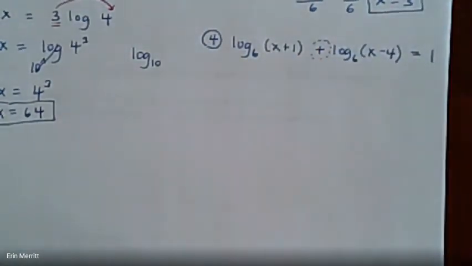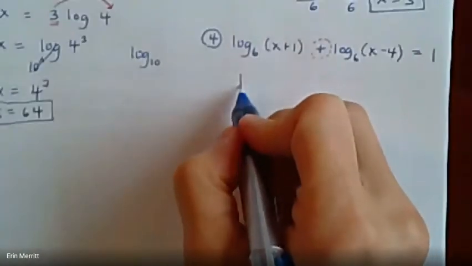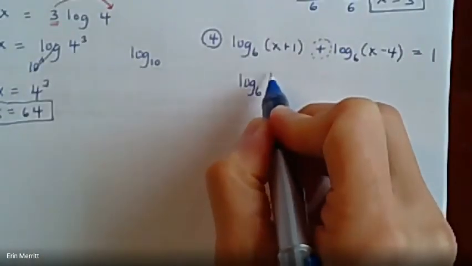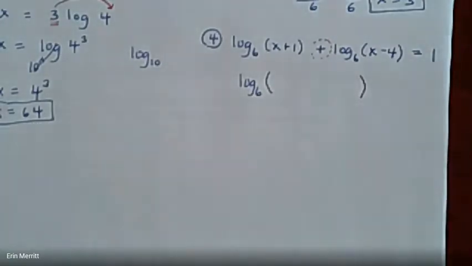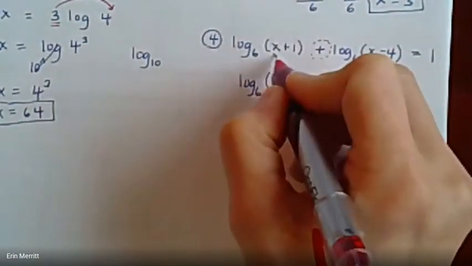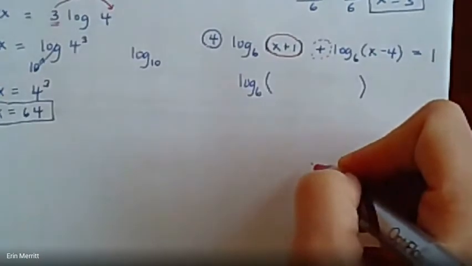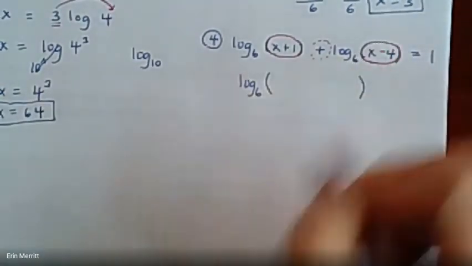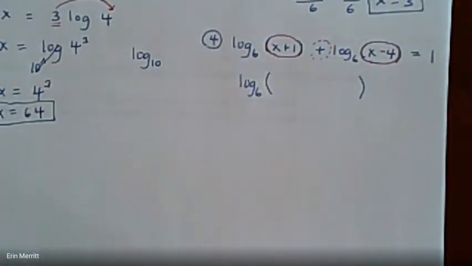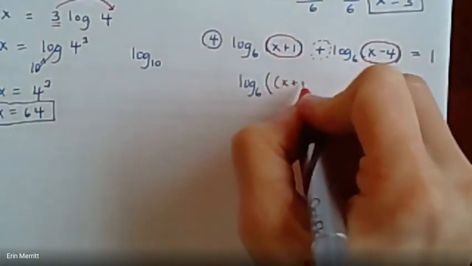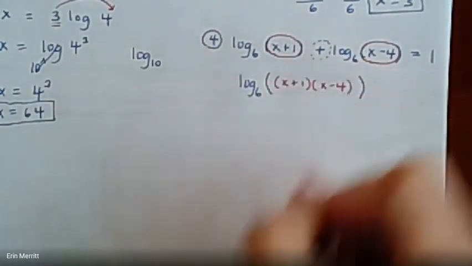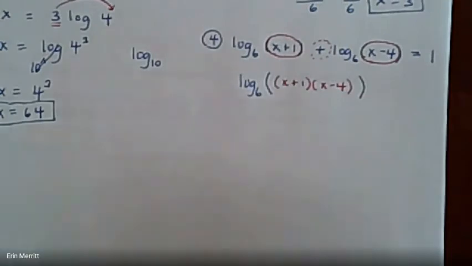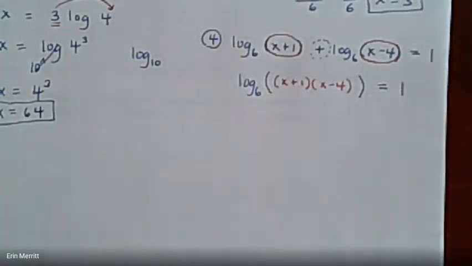So if my first goal is to get a single log, then on the left-hand side, I can make this log base 6, and inside, I'm going to multiply together the x plus 1 and the x minus 4. On the right-hand side, if it doesn't have a log, that's actually okay. Just bring it down. We'll talk about what we're going to do with that in a moment.